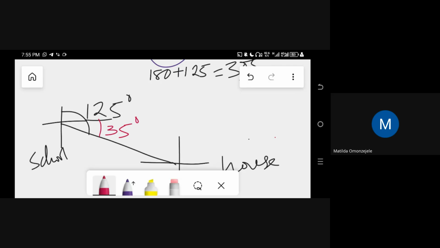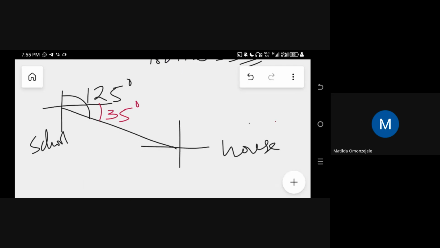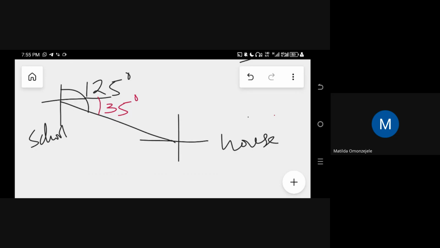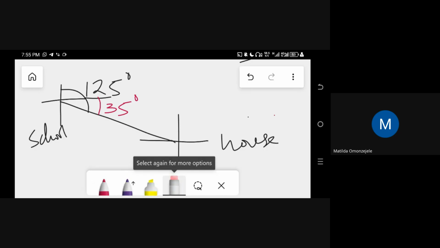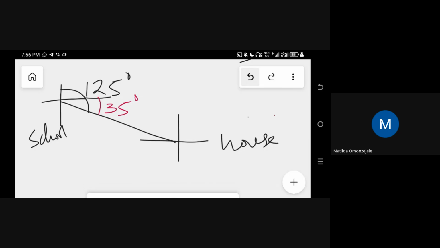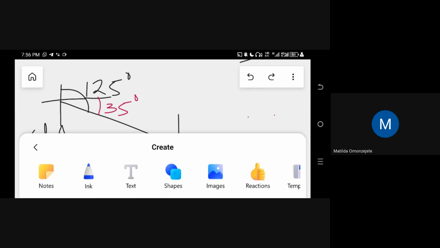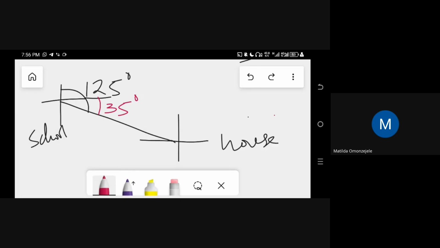So you now have to find the alternate angle to that 35 degrees. The alternate angle to the 35 degrees would be here, this other small place, 35.